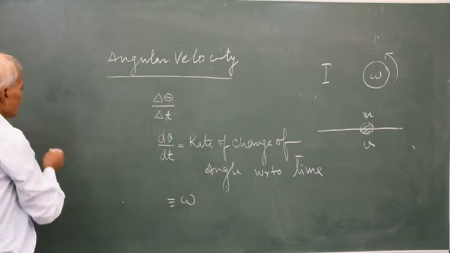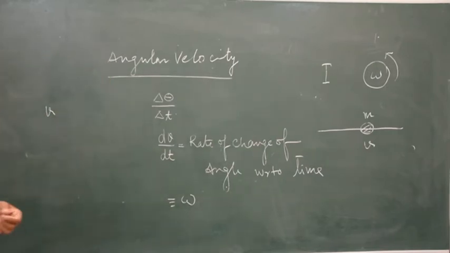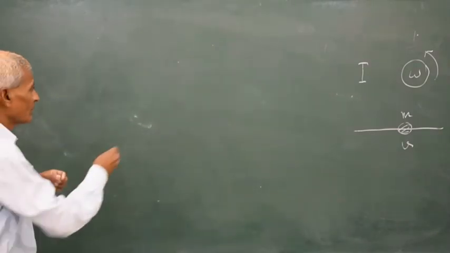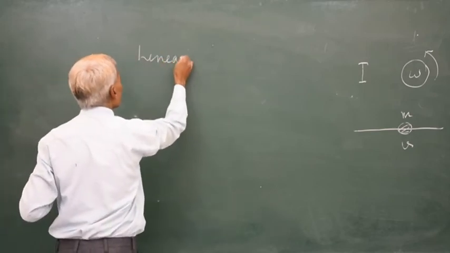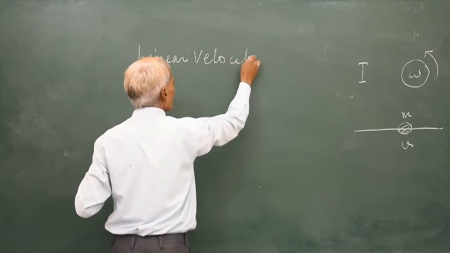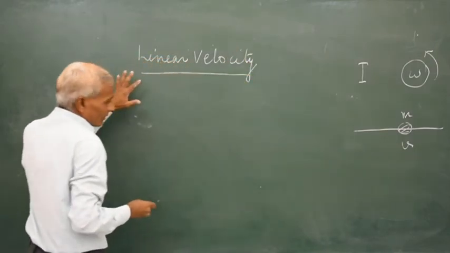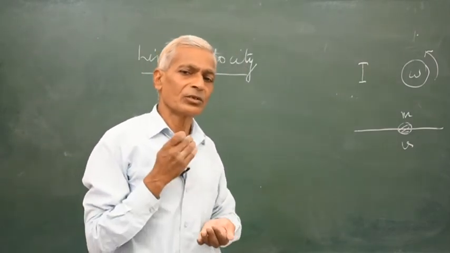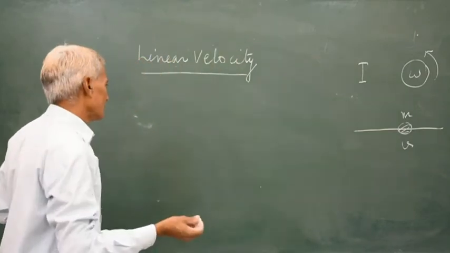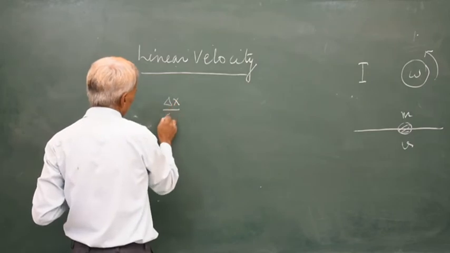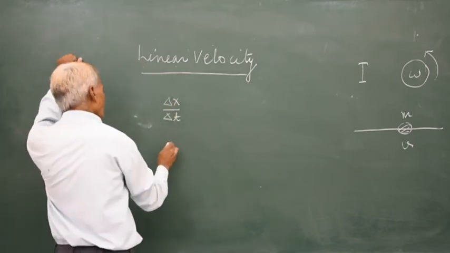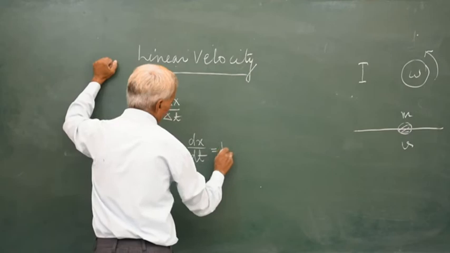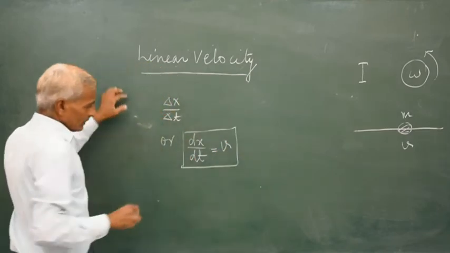Linear velocity is the rate of change of linear displacement with respect to time, that is delta x by delta t, or dx by dt with the help of calculus. It is linear velocity.